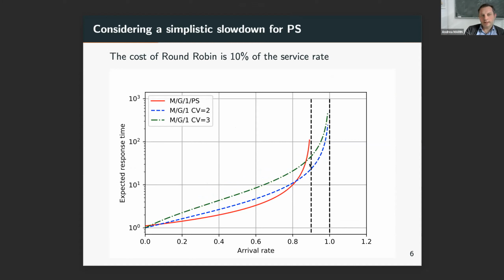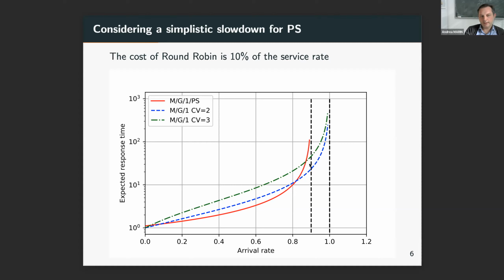Suppose now that to implement the round-robin scheduler, we have a cost for context switch. We will be more precise about this cost later in this presentation. Right now, suppose that it costs 10% of the service rate.